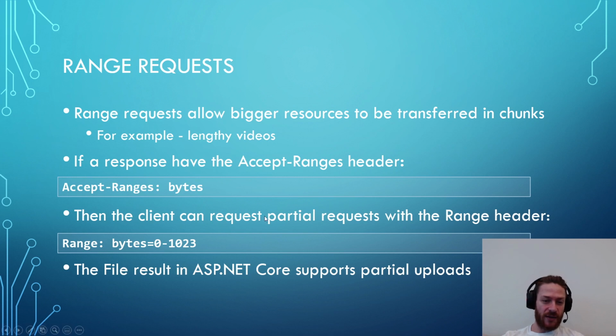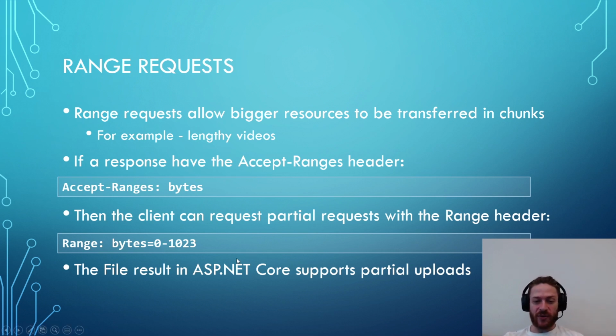So the client then can use the range header by specifying give me only the first 1000 bytes. Then another request, give me the second 1000 bytes, and so on. This way, for lengthy videos, you can fetch only the data that is needed. And that's a better approach, otherwise you will have a lot of bandwidth.